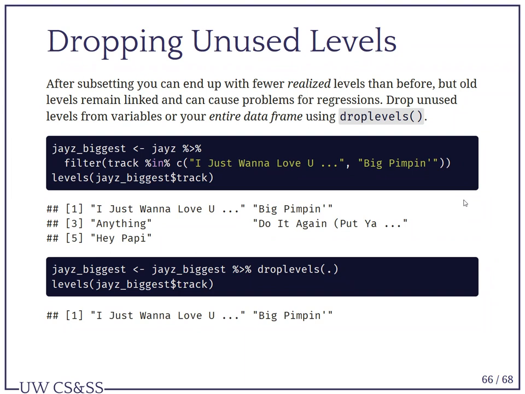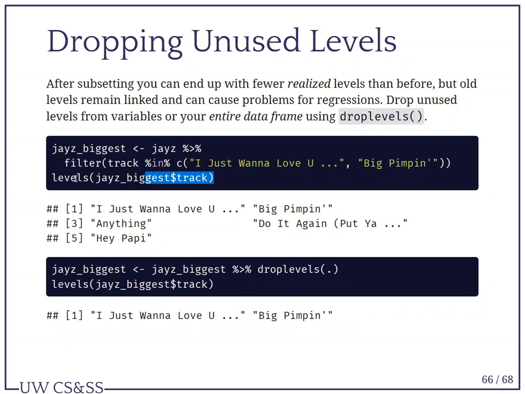So we might want to drop unused levels from variables or from your entire data frame. One way to do this is by using the droplevels function. Here we'll assign the JZ object, Jay-Z's biggest, and then filter to tracks "I Just Want to Love You" and "Big Pimpin'", because of course that's all we're interested in.